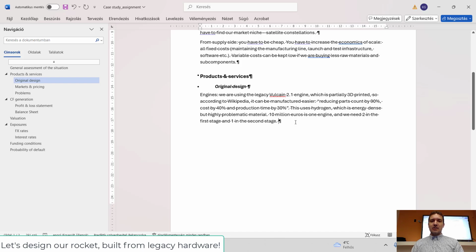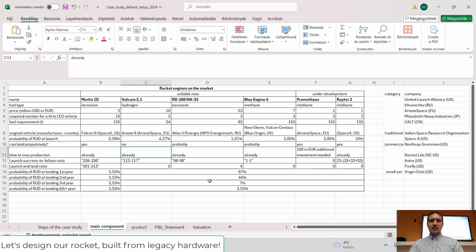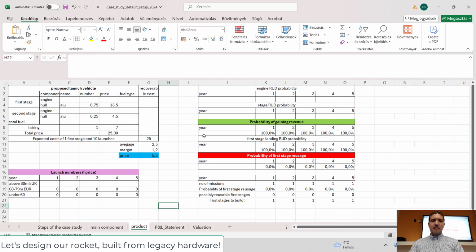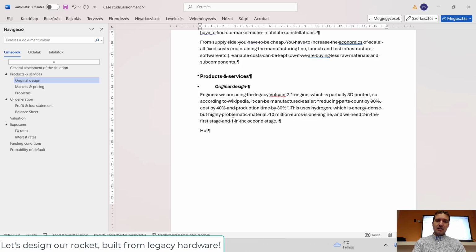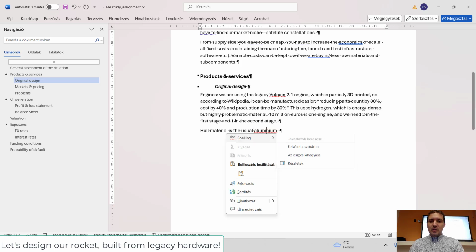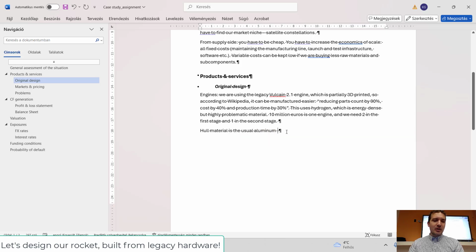So that's all we were able to see about it. And also we need the body, or the hull, sorry. The usual aluminum, which one? Aluminum, okay, because it's US.